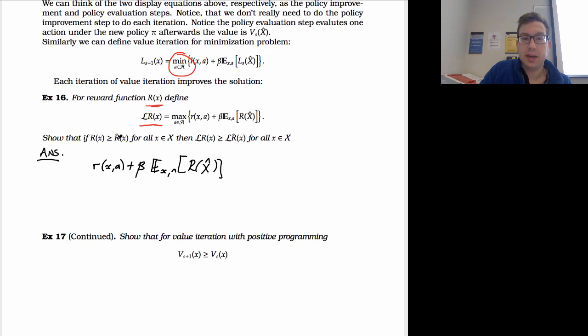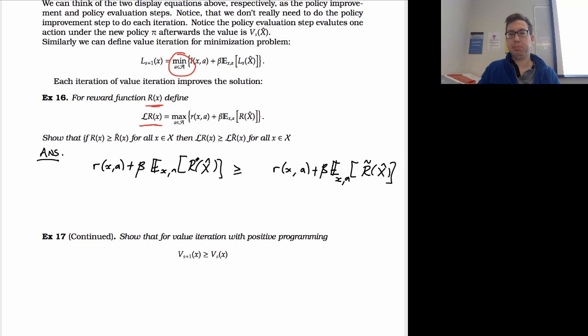Well, that's going to be bigger than the same thing where I replace this with R tilde. Why? Because that's bigger than that, and the expectation preserves order.